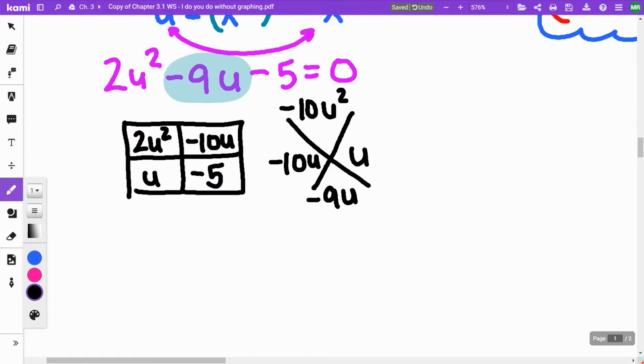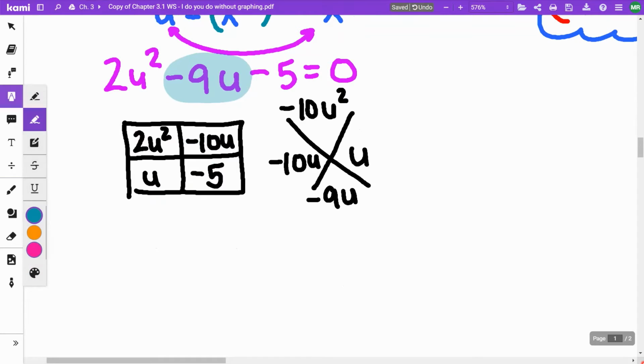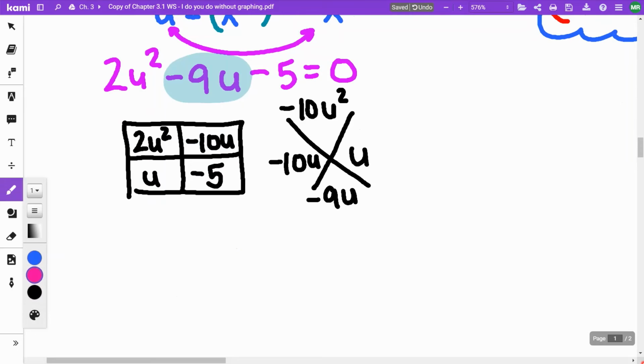My goal is to find the outside. When you do this, you always want to start with that 2u squared. That's where you want to start. How do I get that 2u squared? Well, it's going to be a 2u and a u. The way I have mine set up, my 2u has to go there. My u is going to go here. And then I'm going to work the rest out. So then I'm like, okay, 2u times what gets me a negative 10u?